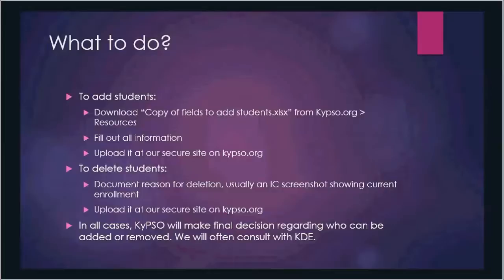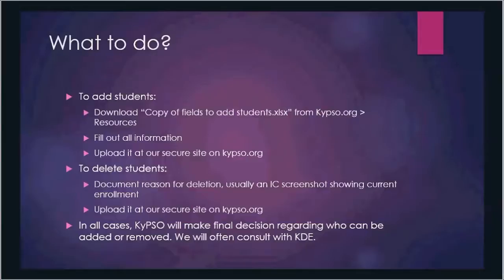And like I said, the main reason that usually ends up being the case is because they came back to school after they exited. And the easiest way to document that is go into Infinite Campus, pull up their enrollment tab, take a screenshot of it, make sure it's got their student ID number and their name, and that they are currently enrolled, or at least were enrolled after the 15-16 school year.